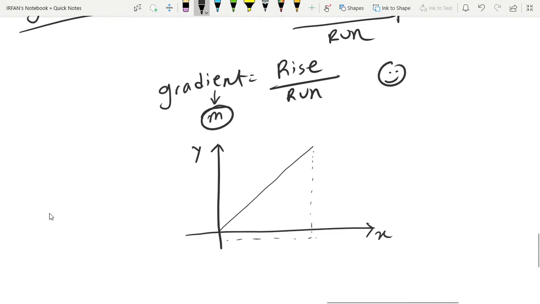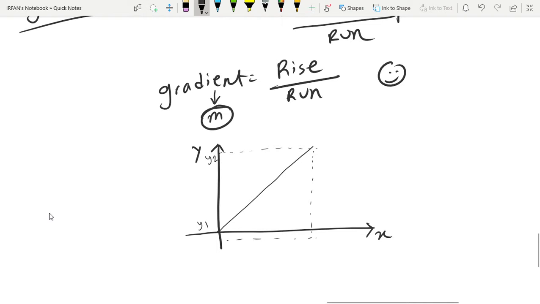There is a formula for gradient, which we can derive from rise by run. I don't know any values of this, so I'm going to call this one y2 and this one y1. Y1 and y2 are just numbers.